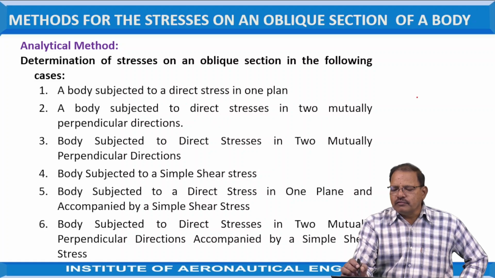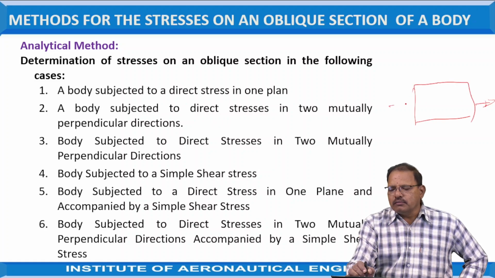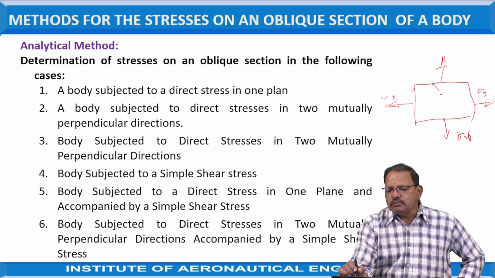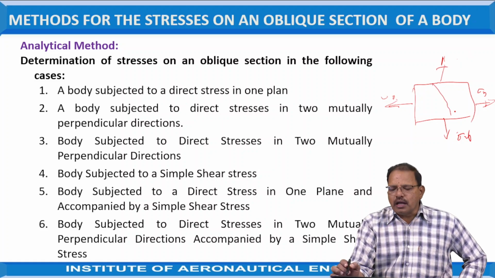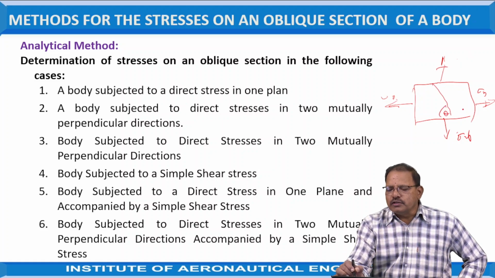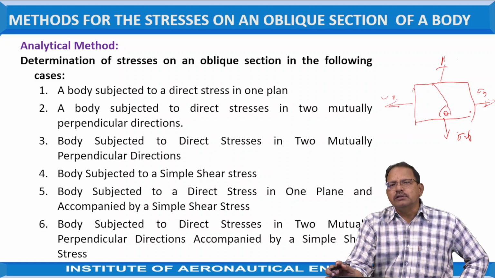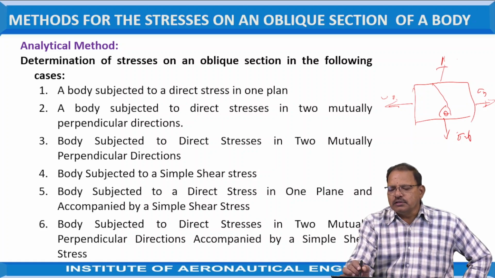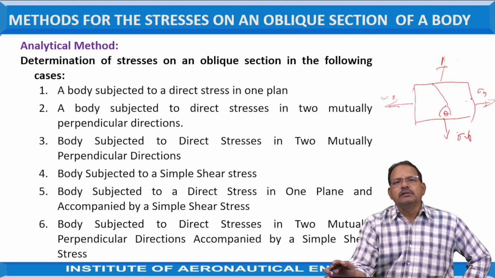That means if the object is there, assume along the x direction we have sigma x and sigma x, and along the y direction we also have sigma y and sigma y. In this case again we have to determine the stresses acting on an oblique plane which is making an angle theta with respect to the principal stress, that is, the major axis or the axis of the object, generally preferably along the x direction.